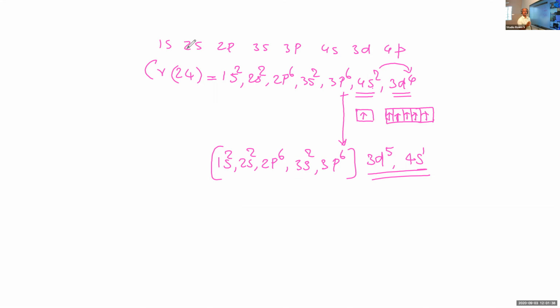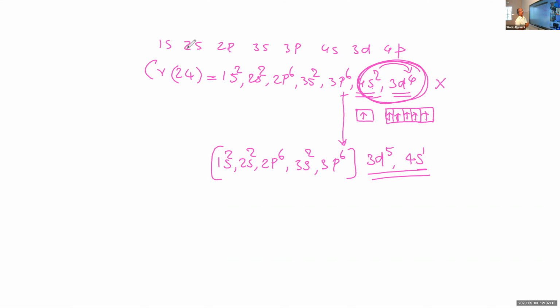It belongs to the third orbit. So I am writing it as 3d5, 4s1, before the 4s. There is nothing wrong if you are writing it as 4s1, 3d5. That is also correct. But this other one is wrong. That configuration is wrong, and this is the correct configuration.